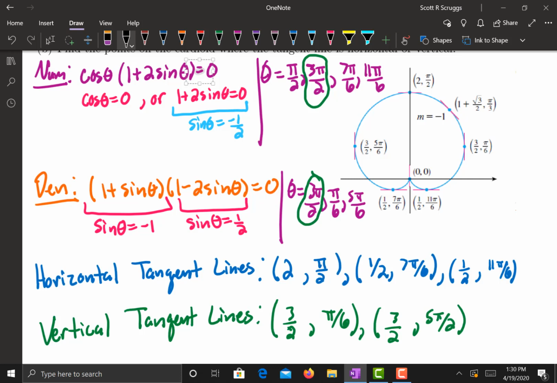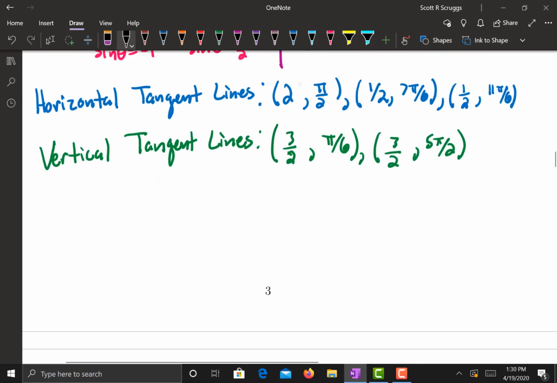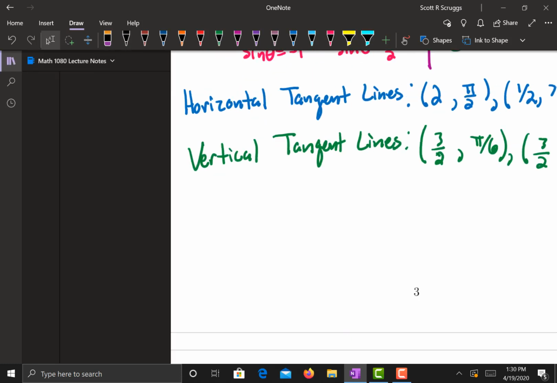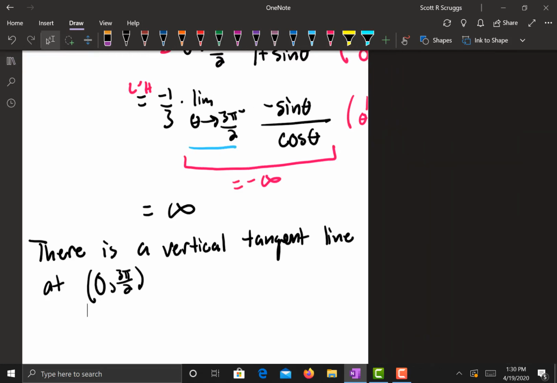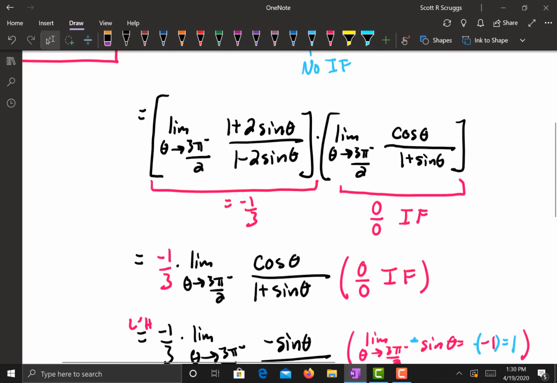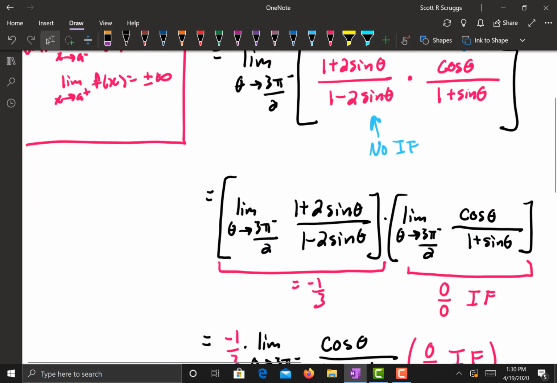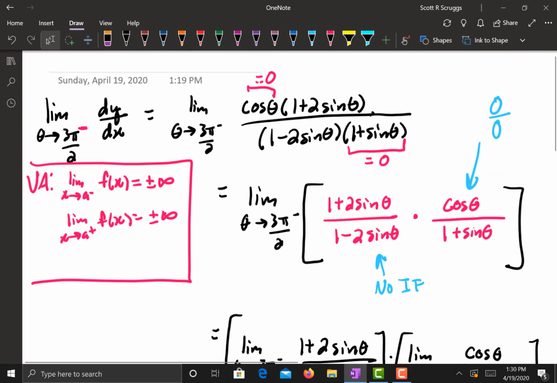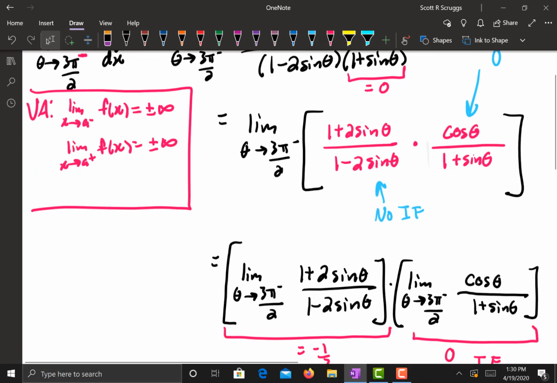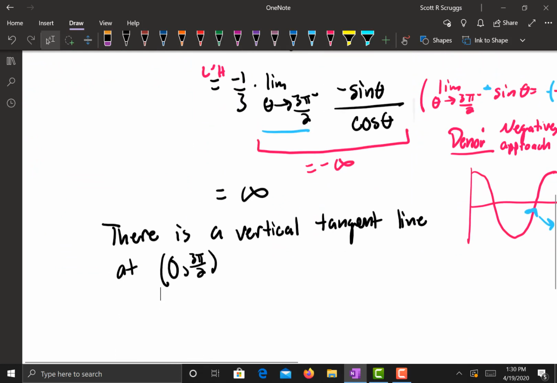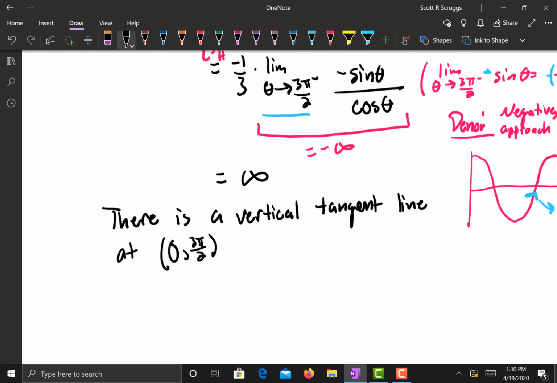But for the point that I am intersecting, I do have to take a limit and check to see whether or not I get 0 or I get positive or negative infinity. If this limit equals 0, then that means I have a horizontal tangent line. If it equaled positive or negative infinity, like this example, that means I have a vertical tangent line at that point.